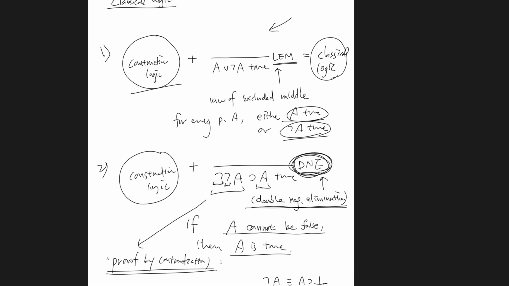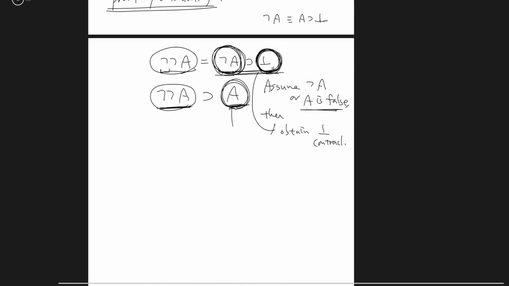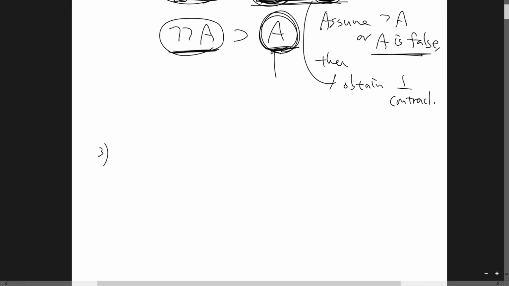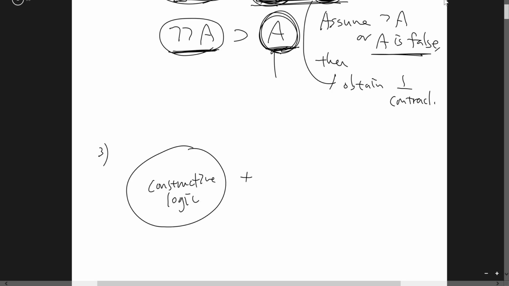There's yet another way to derive classical logic as an extension of constructive logic. That is Peirce's law. So we have this constructive logic, and now we are going to add a new rule called Peirce. It's not P-I-E-R-C-E, it's actually P-E-I-R-C-E.